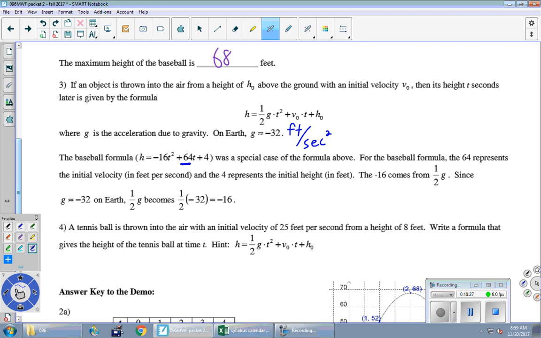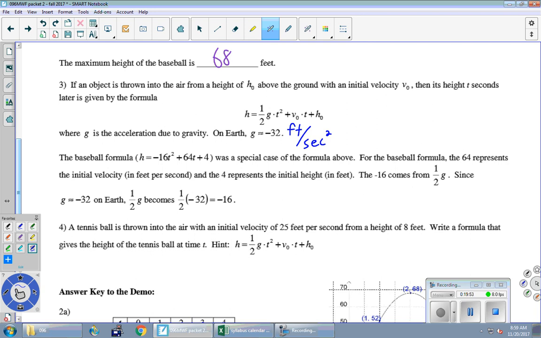In our case, we had a 64 here. Well, that 64 is playing the role of this v sub 0. That means that for the baseball, the initial velocity was 64 feet per second. Person threw it up at 64 feet per second. The moment it left that person's hands, gravity started taking hold, and it was not moving at 64 feet per second. A moment later, it's maybe going like 63 feet per second, and then maybe 60 feet per second.